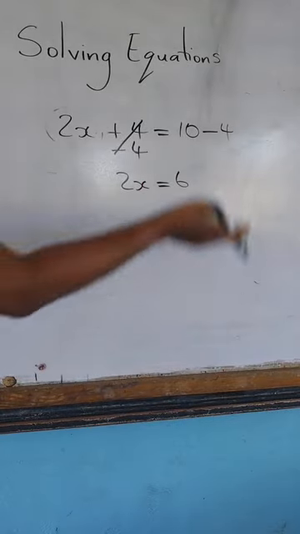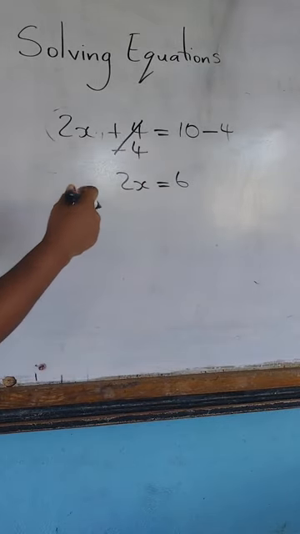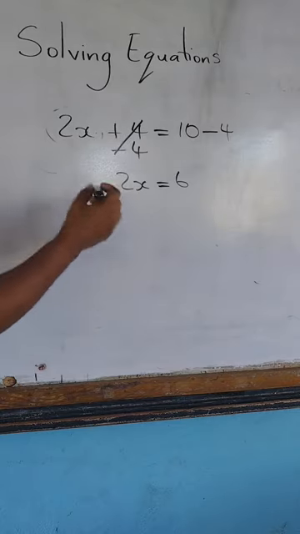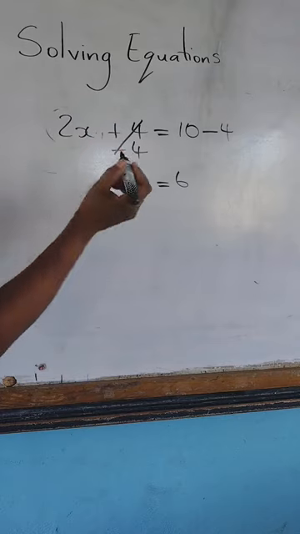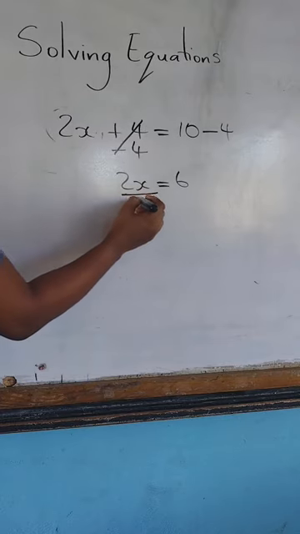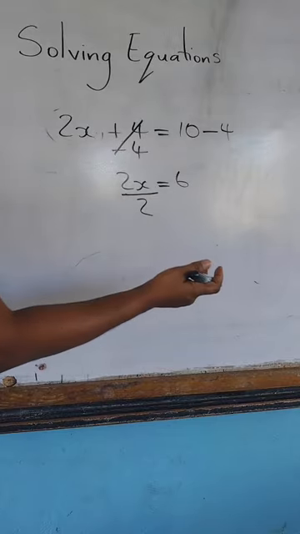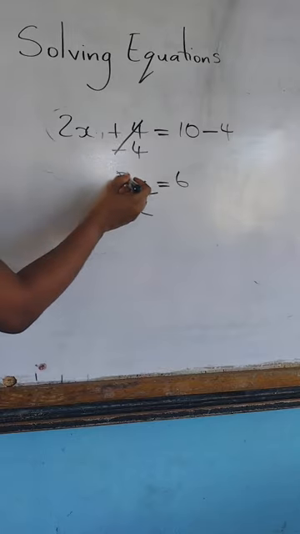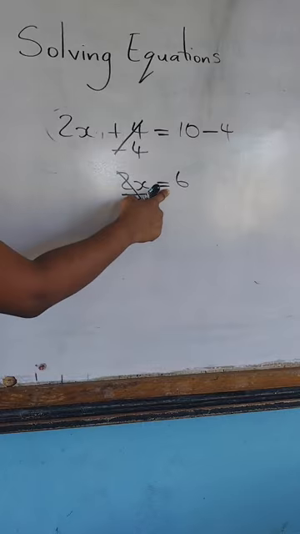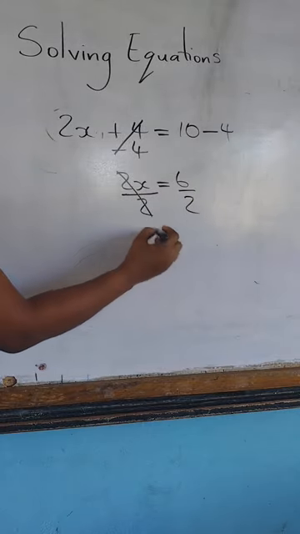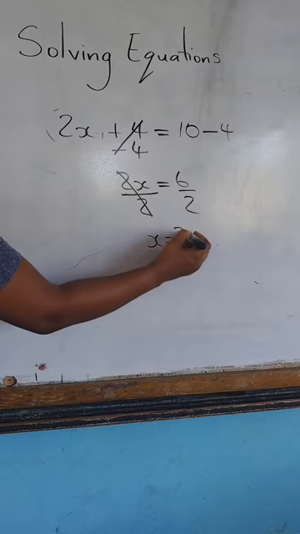I can therefore do the opposite of that as well to see what the number was before I multiplied it by 2. The opposite of multiplication is division, which means I'm going to divide by 2 to see what x is. What was x before I multiplied it by 2? If I divide this side by 2, the other side must be divided by 2 as well, which means that x itself would have been equal to 3.